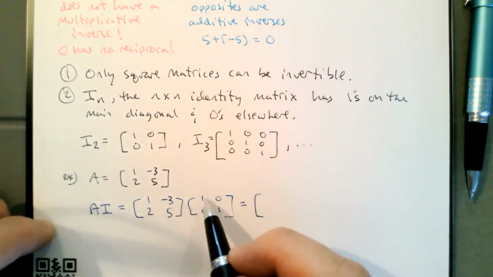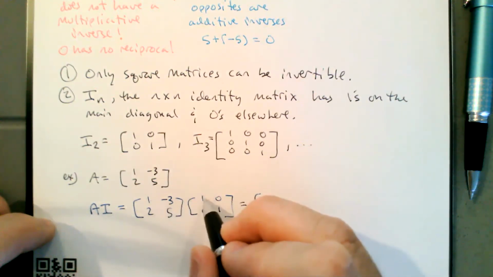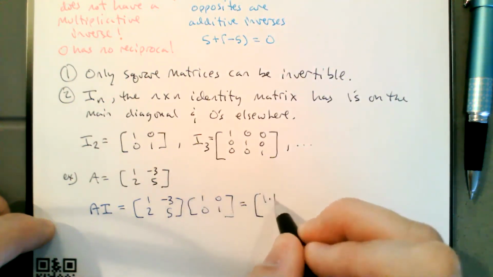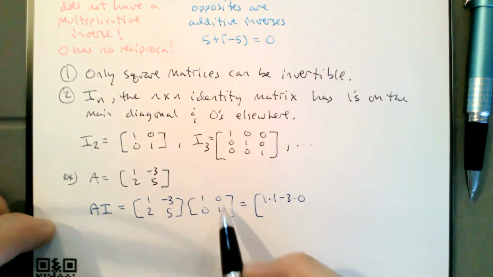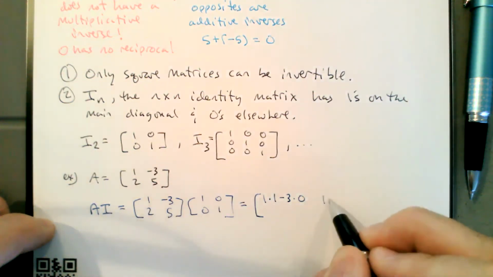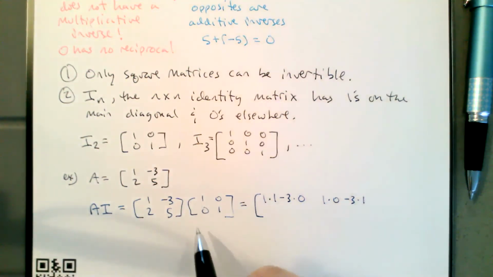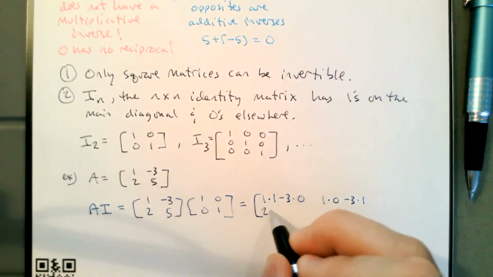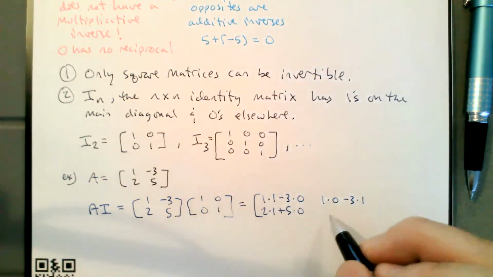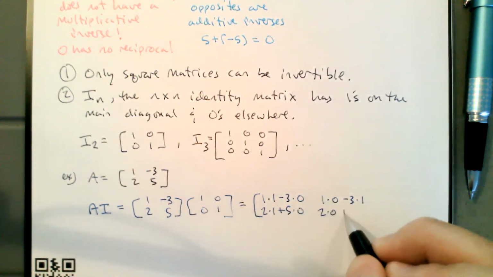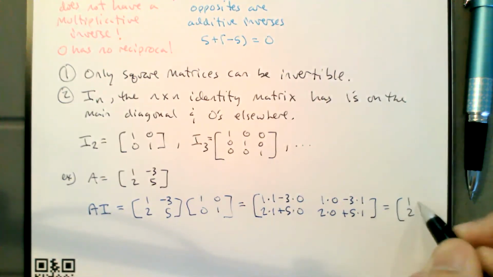I get 1 times 1 minus 3 times 0. Then the first row times the second column: 1 times 0 minus 3 times 1. Then the second row times the first column: 2 times 1 plus 5 times 0. And then 2 times 0 plus 5 times 1. And we end up with what we started: 1, 2, negative 3, 5.